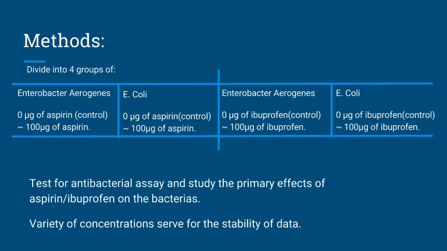So on those concentrations, you're saying from 0 micrograms up to 100 micrograms? Do you know what concentrations you settled on? We're going to do increments of 20. Okay, so 0, 20, 40, 60, 80. It'll be interesting.